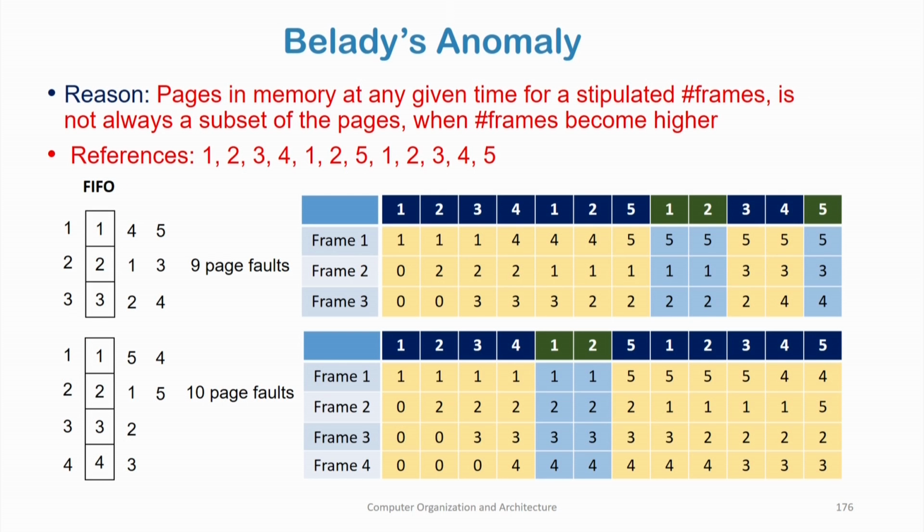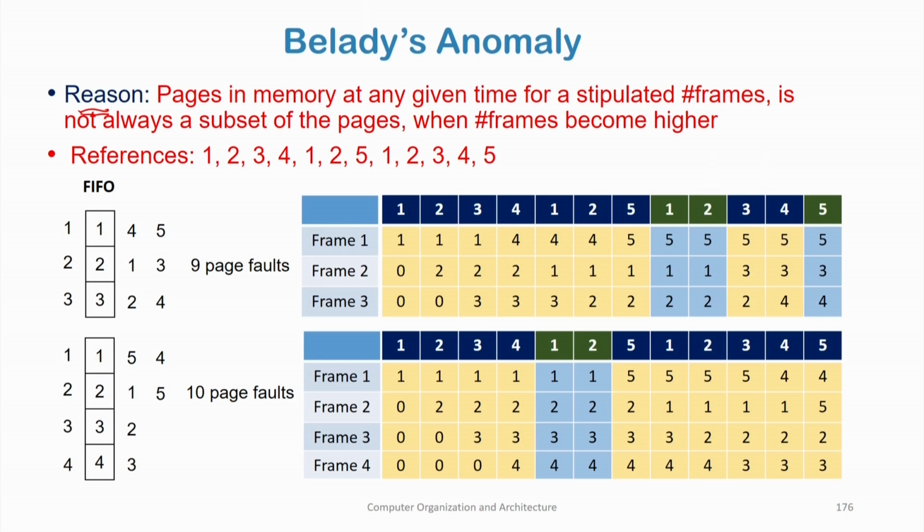Now, we will try to see in more detail why this happens. The reason for Belady's anomaly has been found to be this: the pages in memory at any given time for the stipulated number of frames are not always a subset of the pages when the number of frames becomes higher. So, why does Belady's anomaly happen?